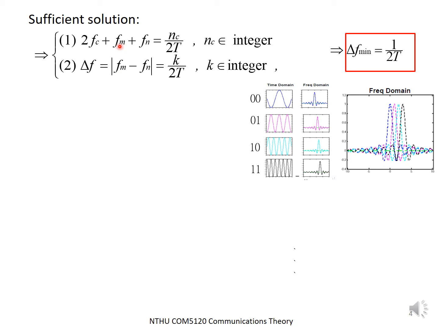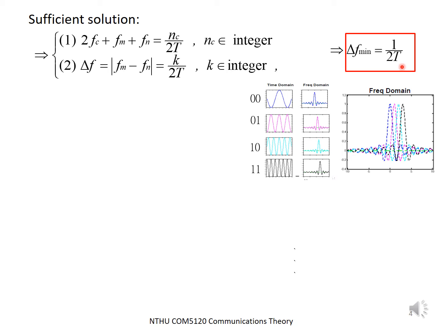And by these two criteria, now we can see that the separation, that is delta F, the separation of any two carrier frequencies has to be a multiple of 1 over 2T. So the minimum separation between the neighbor carrier frequencies will be 1 over 2T. What is T? Let me ask you, what is T?